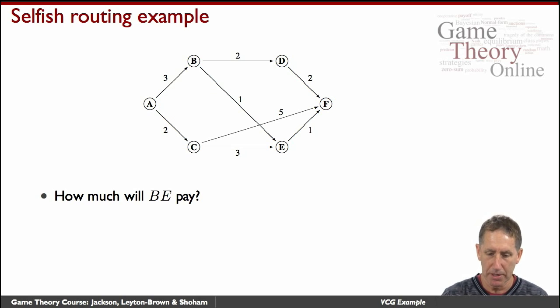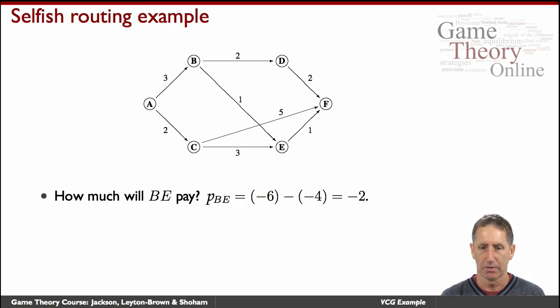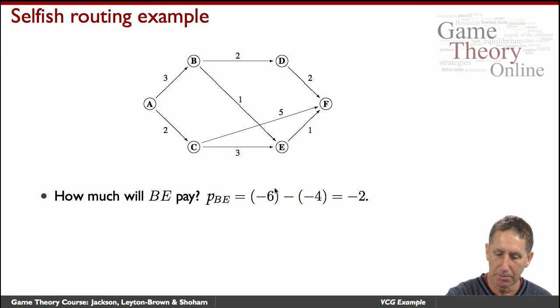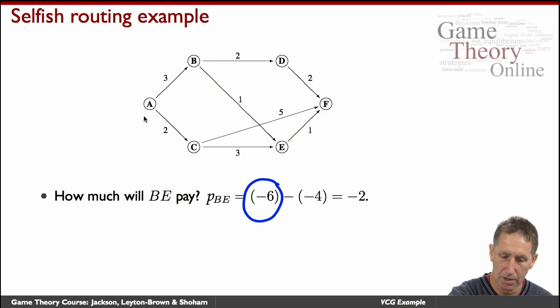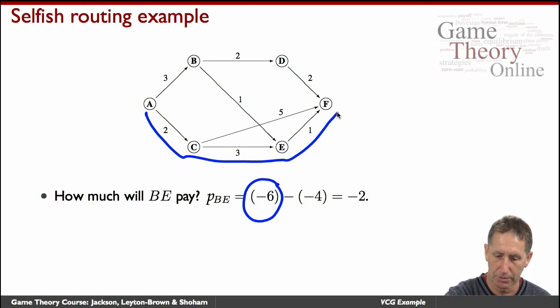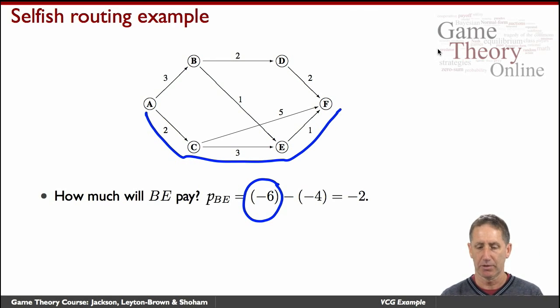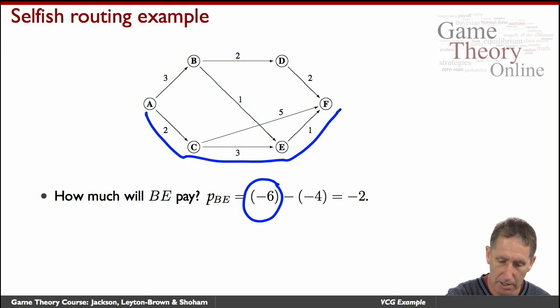What about BE, for example? Well, it's the same sort of analysis. The cost to all other agents without BE in the picture is minus 6. This would have been the shorter route had BE not been in the picture, and the cost would be minus 6. Now, the cost to the agents other than BE, with BE in the picture, is 4.